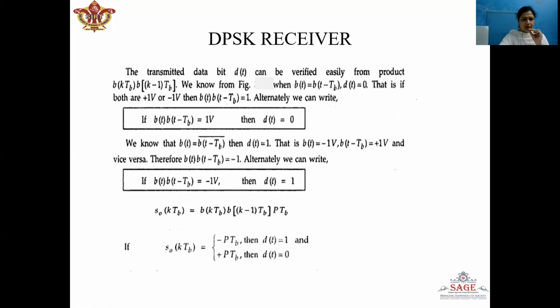Now we know that when d(t) is equal to 0, in that case b(t) and b(t minus Tb) are both equal. That means two consecutive bits are equal to each other. So when both are equal, either both will be positive or both will be negative. In that case, the product will be positive because the product of two positives or the product of two negatives will always be positive.